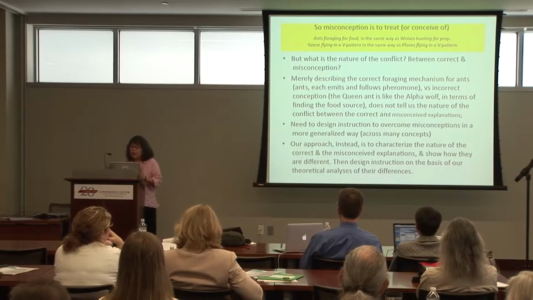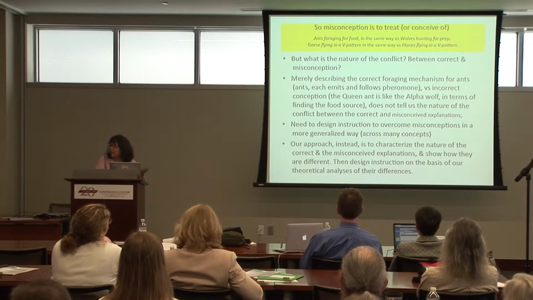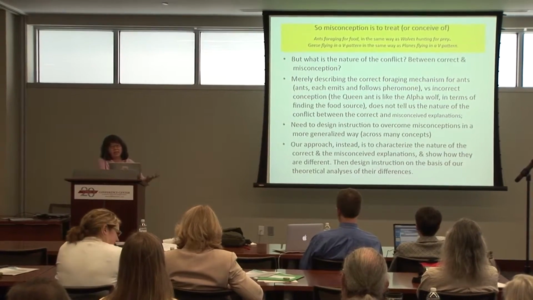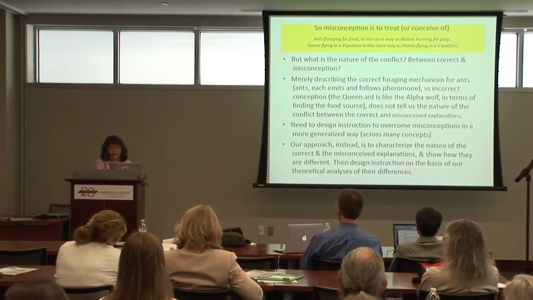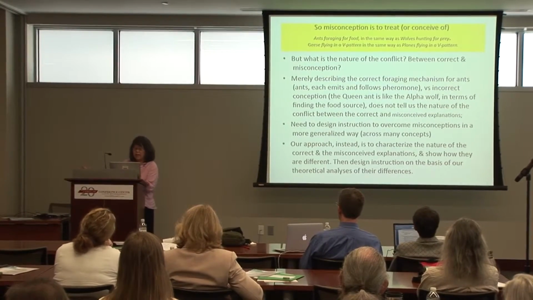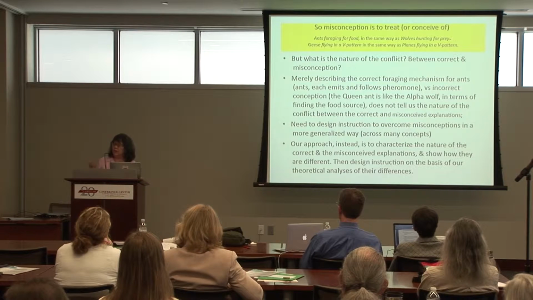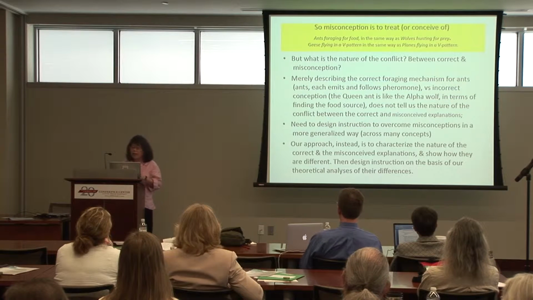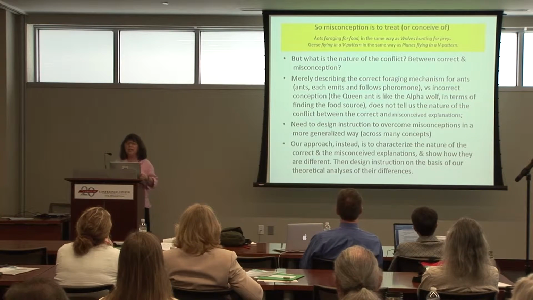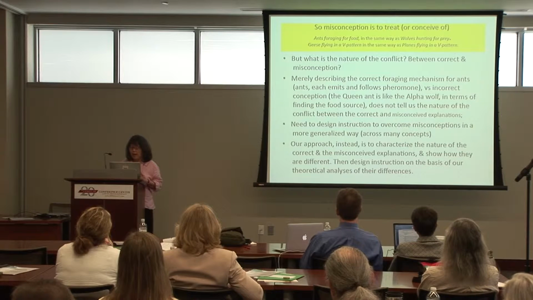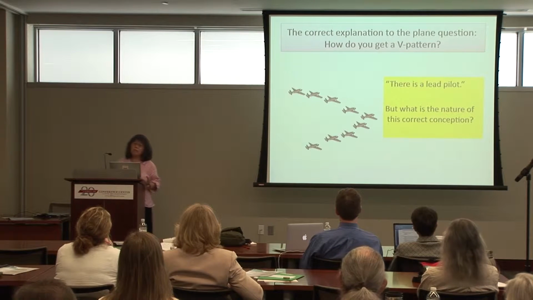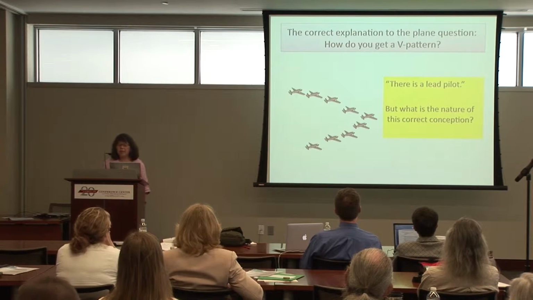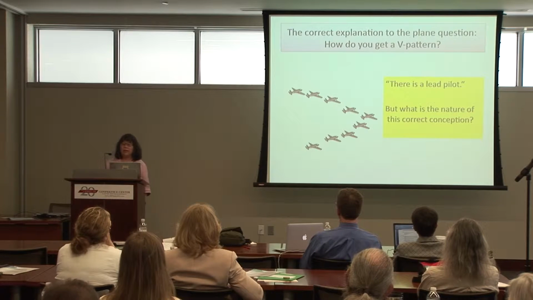Anyway, what you need to do is really understand the nature of this conflict: what is the misconception, how can it be characterized, how is it represented, what is the correct conception, and therefore how do they conflict. Only then can you design instruction. So our approach is to characterize the nature of the correct and the misconceived explanation, show how they're different, then design instruction accordingly. The misconceived explanation to the plane question is that there's a lead pilot.